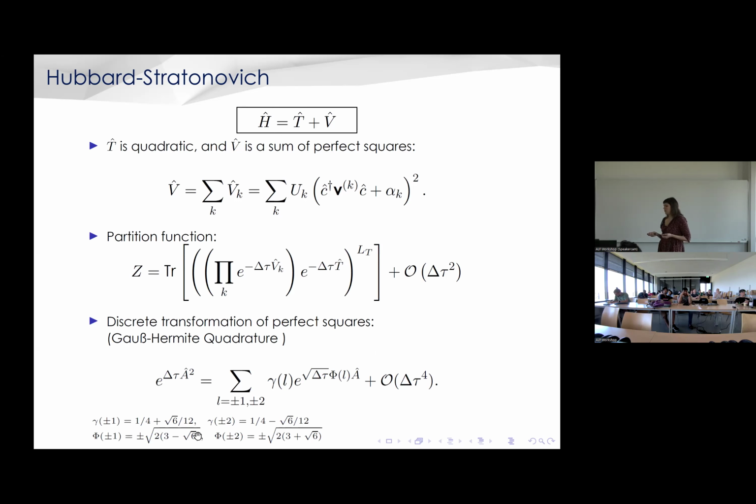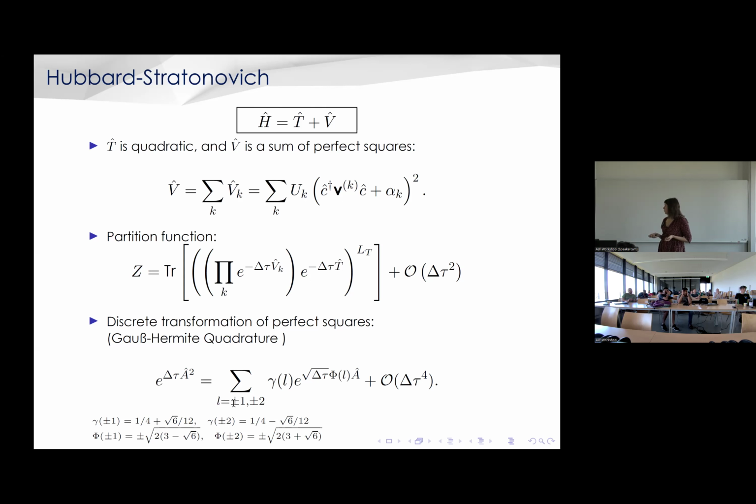If we have continuous fields, we could have an integral over the continuous fields, and that would be exact. But then we can also do Gauss-Hermite quadrature, which allows us to write this in terms of the four Ising fields that I mentioned earlier. These are where we get basically the spins coming in.